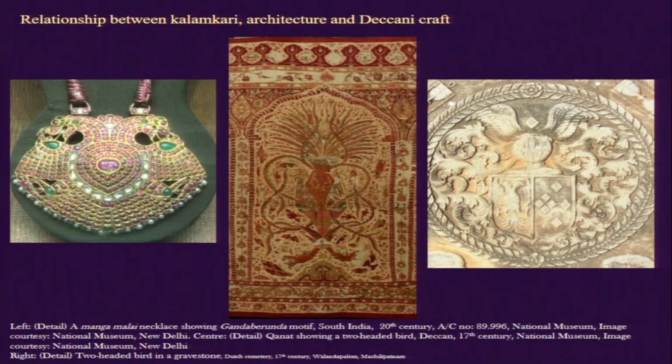And we see that there is a close connection between the different kinds of craft making that flourished in the region of Deccan, and at the same time in the coastal Coromandel region. So what kind of relationship do we see? Let us perhaps start with the visual analysis: what kind of visuals we see there and what we can get out of them.